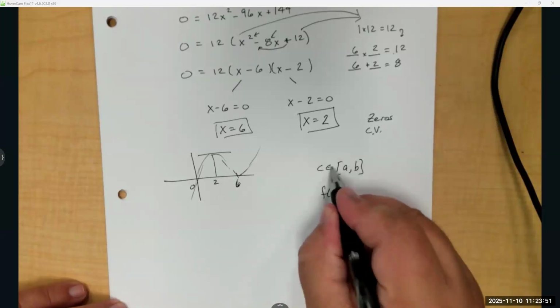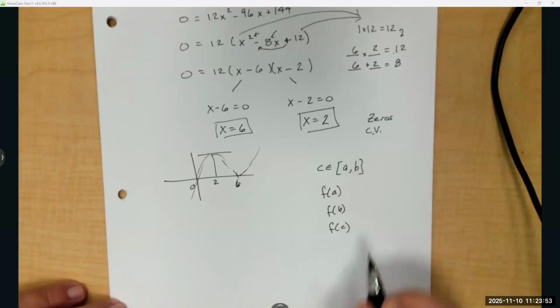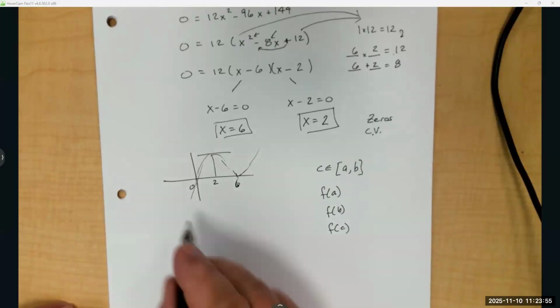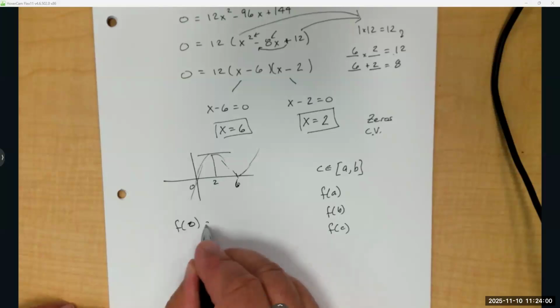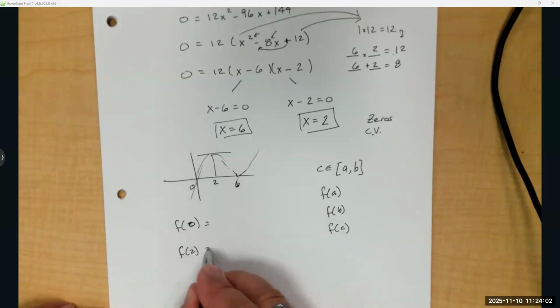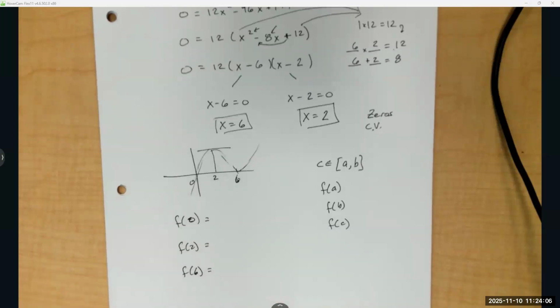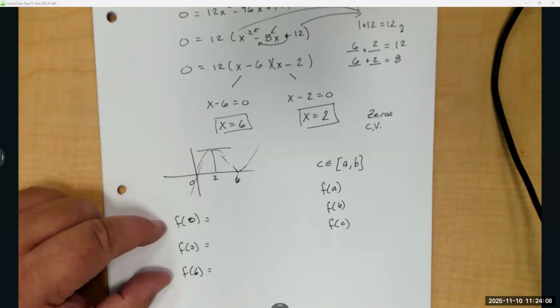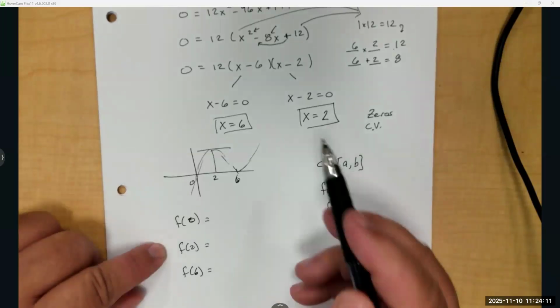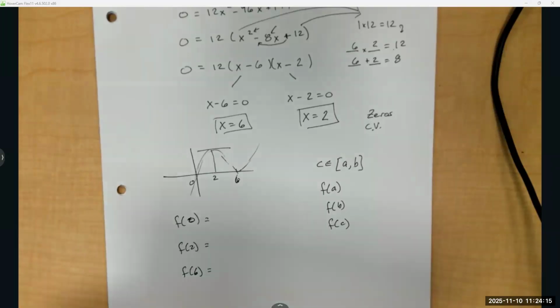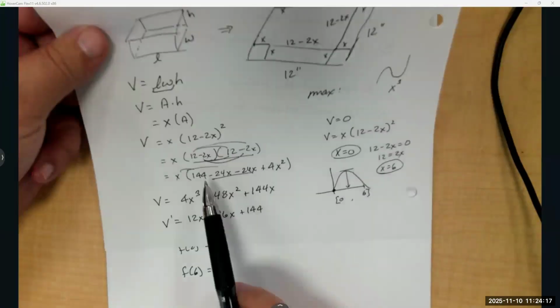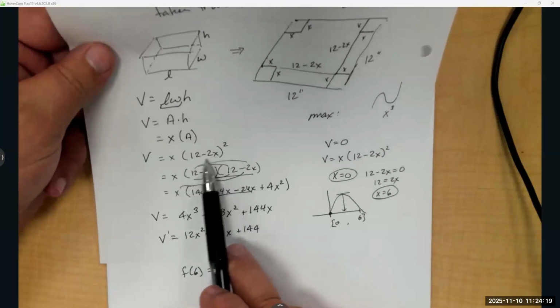And since c is somewhere between there, you have to test it at the c point also. So we have to test it at 0, at 2, and at 6. Our domain is 0 to 6, and our vertex is at 2. So if we plug in 0 for our original equation, which is this one here, what do we get?